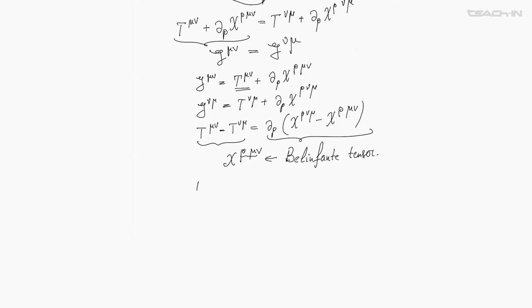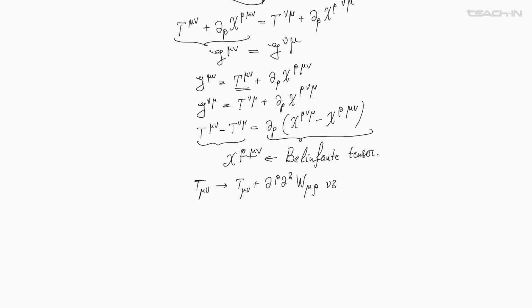You change the tensor T mu nu by adding to it the following object: two derivatives, d rho d sigma, applied now to a tensor of the fourth rank. It has four indices, mu, rho, nu, sigma, where you require from this tensor W the same symmetries as the symmetries of the Riemann tensor.